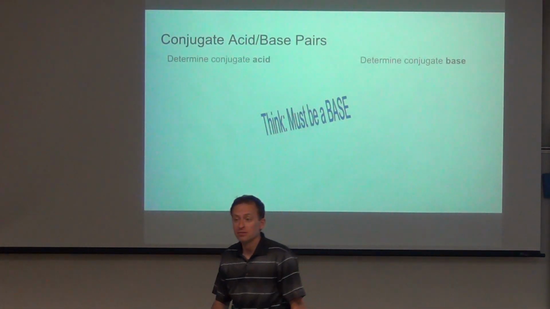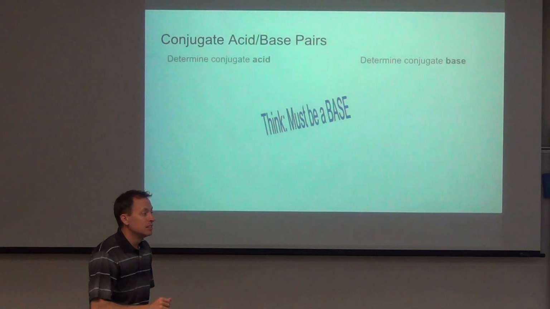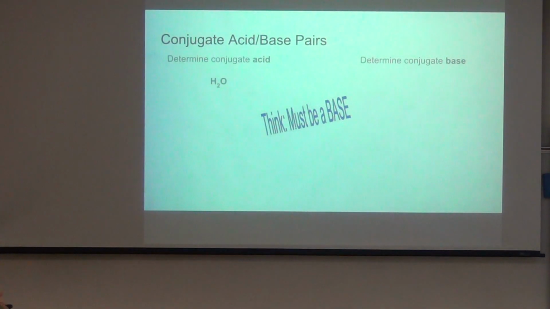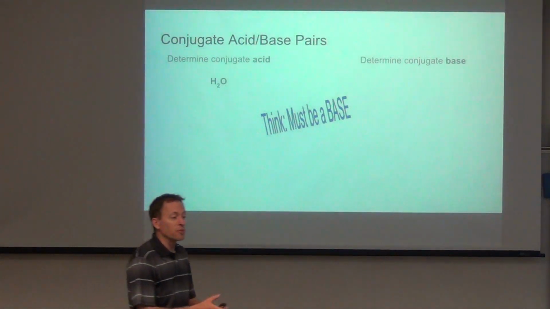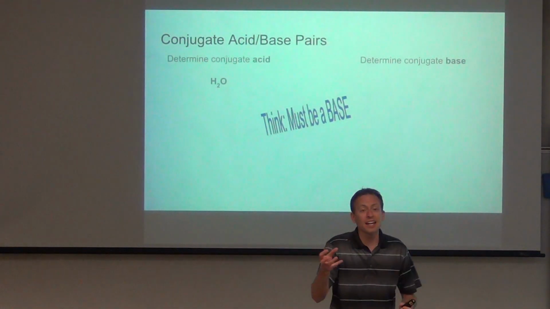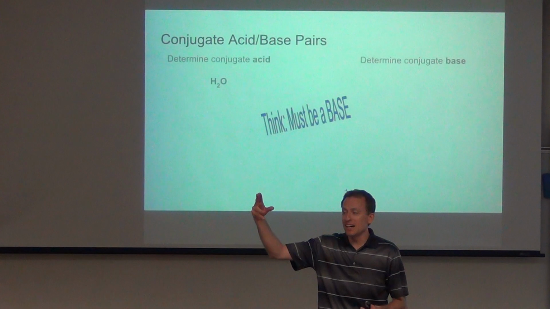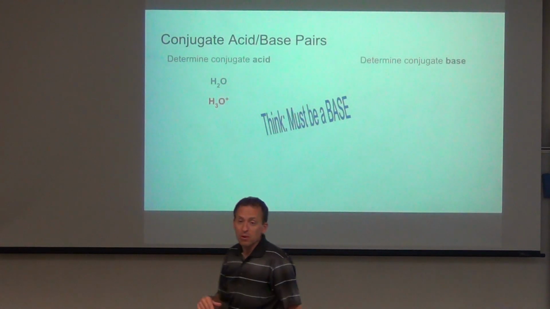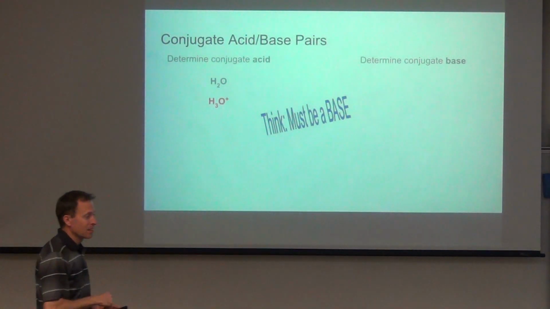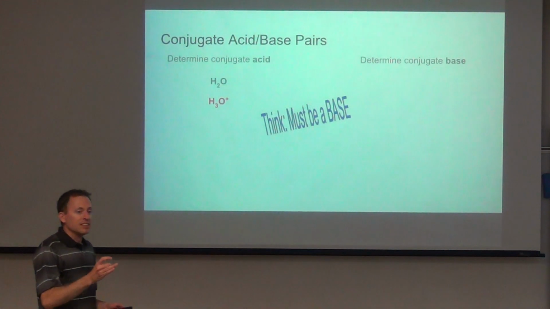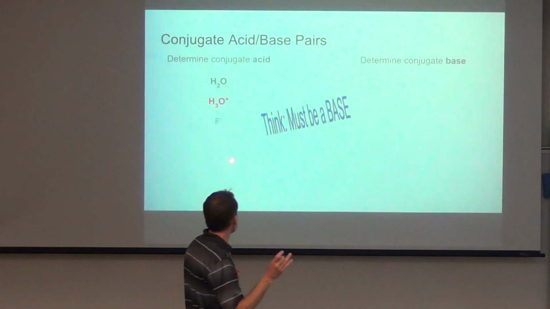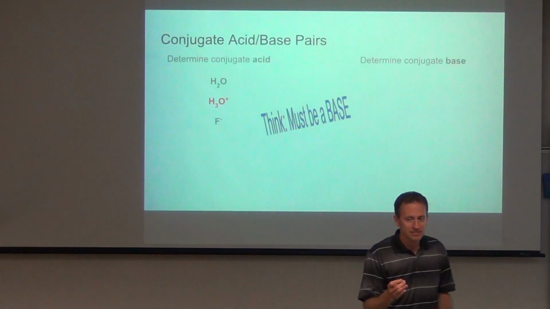And what do bases do? They gain an H, right? So if I have H2O, I'm now going to have an extra H, right? So I have an H3O, and when I add H's, I become more positive. So it should be H3O+. See what I've done? I have to say first, what is this thing acting like?